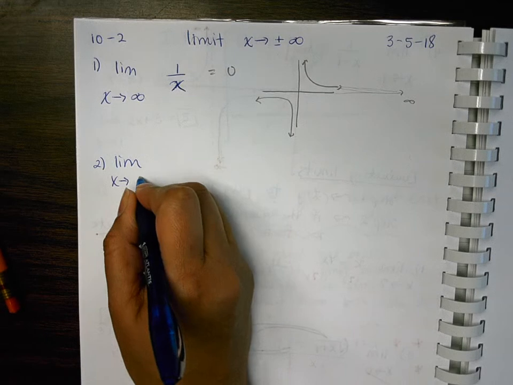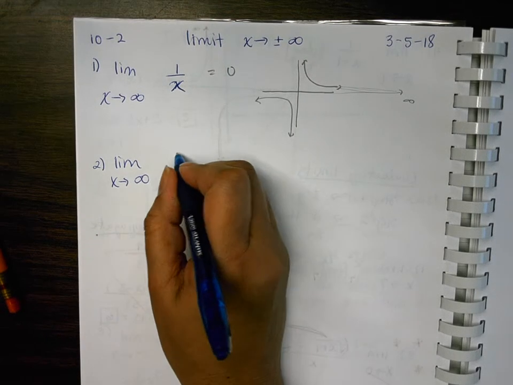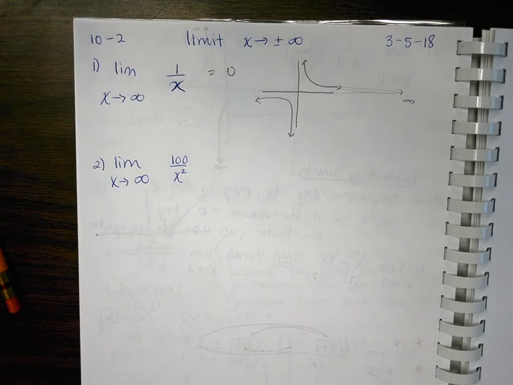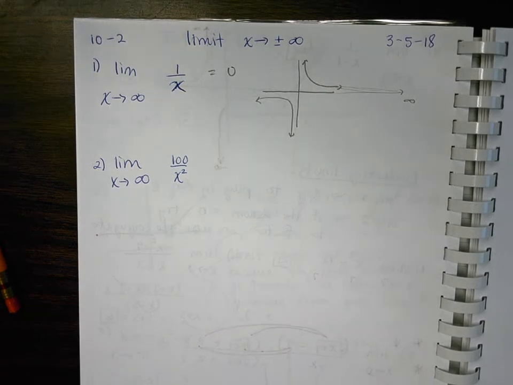Number 2. The limit as x approaches infinity of 100 over x squared. No graph on this one, just 100 over x squared.